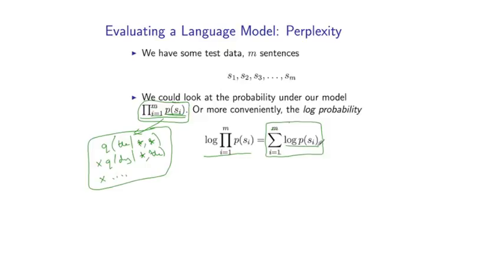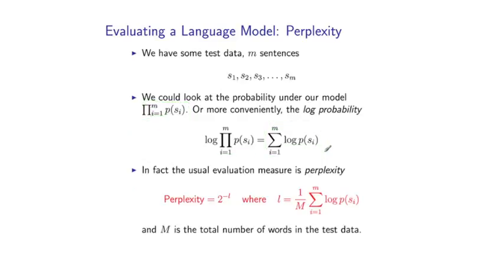And again, the higher this quantity, this log probability, the better our language model is as a model of these test data sentences. So this would actually be a perfectly good measure of the quality of a language model, but we're going to transform this quantity in a couple more steps, which will turn out to be convenient.